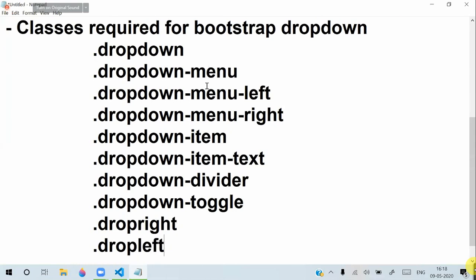Drop right, drop left, that is animation. Menu symbol right or left we can keep by using dropdown menu left and right. So these are general things that we generally use for drop downs. So let's create a simple drop down and see how this drop down works.